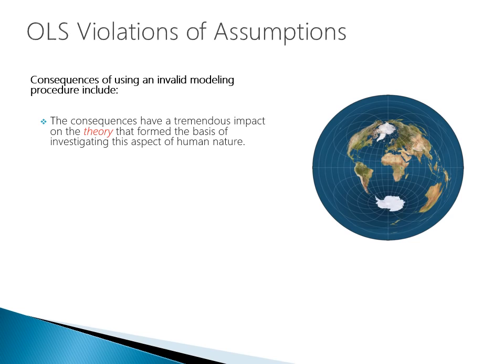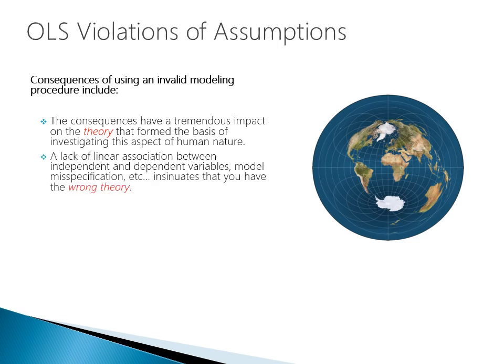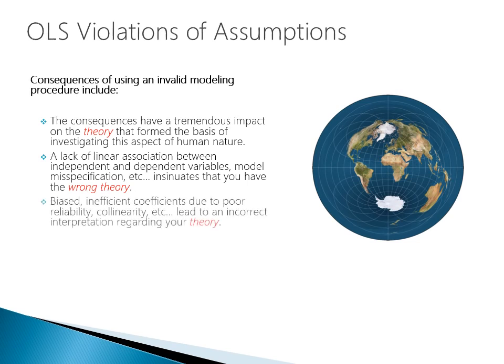And if we're not building our theory on factual information drawing from statistical techniques, we have a tremendous impact. A lack of linear association between independent and dependent variables, model misspecification, etc., insinuates that we have the wrong theory. So, we might think we understand a phenomenon, but maybe we just have the wrong theory.